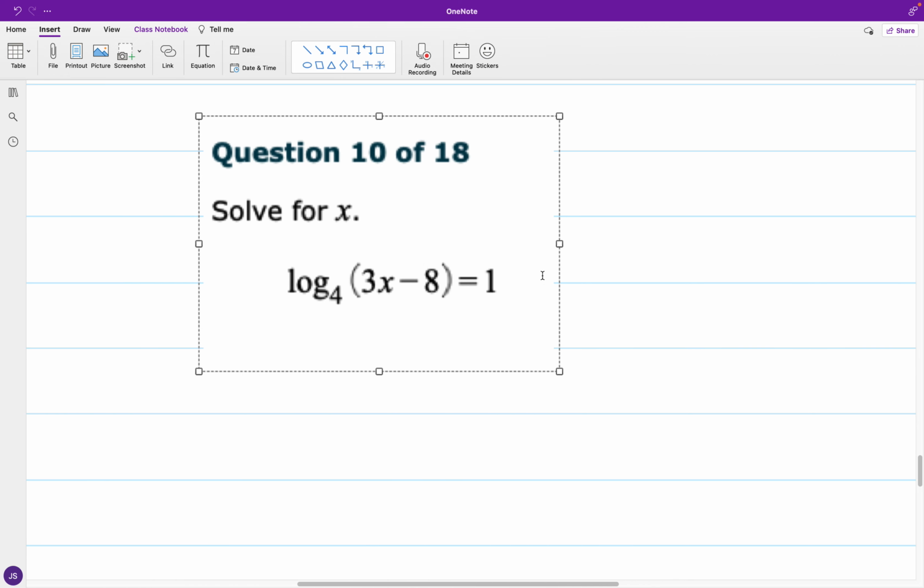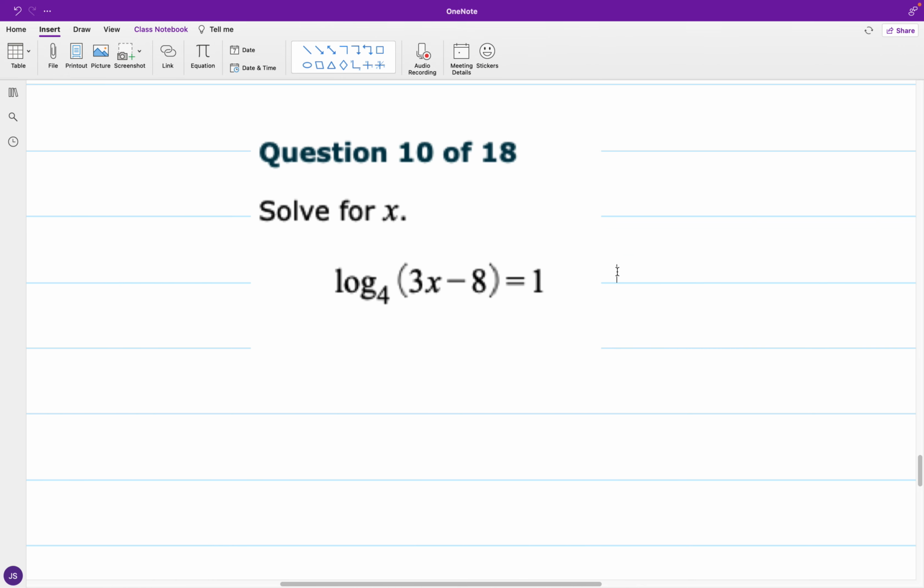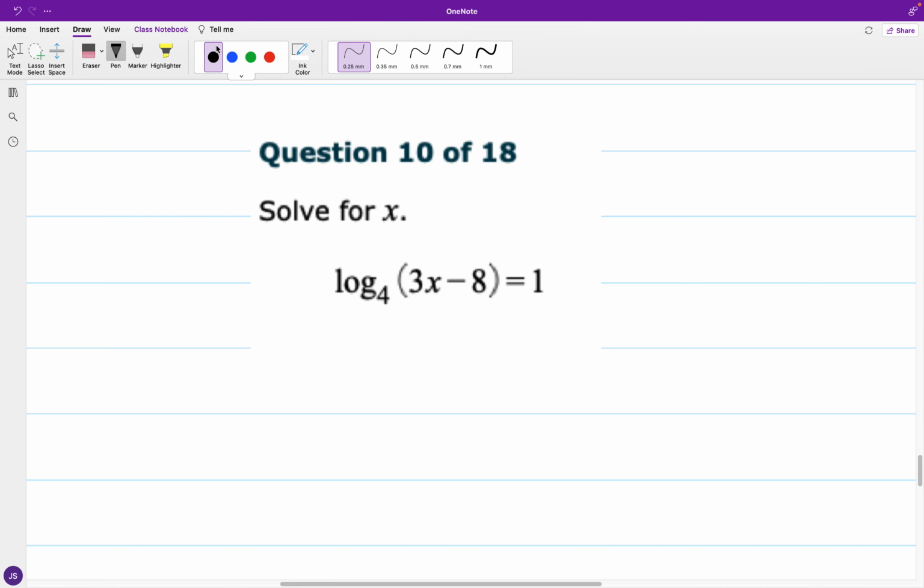Here we have a single base 4 logarithmic term, so we can apply our second property of logarithms, where a to the base a logarithm of x is equal to x.